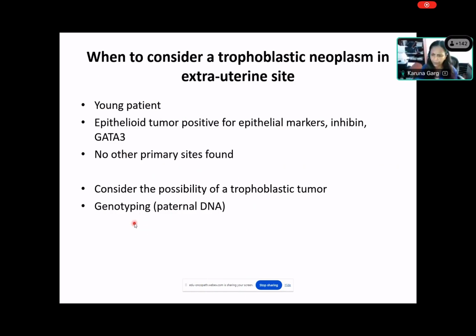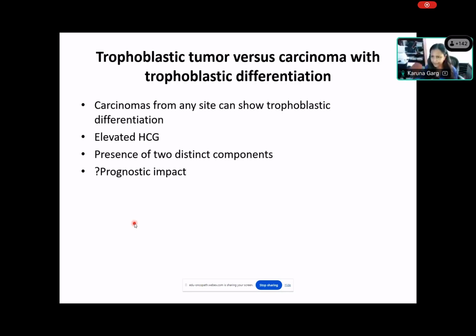I know you don't have a formal genotyping test, but you could send it for fingerprinting, like they use for forensics, although the interpreter has to know what they are looking for in this case. So remember also that carcinomas from any site can show trophoblastic differentiation. So you can get elevated HCG as a result.